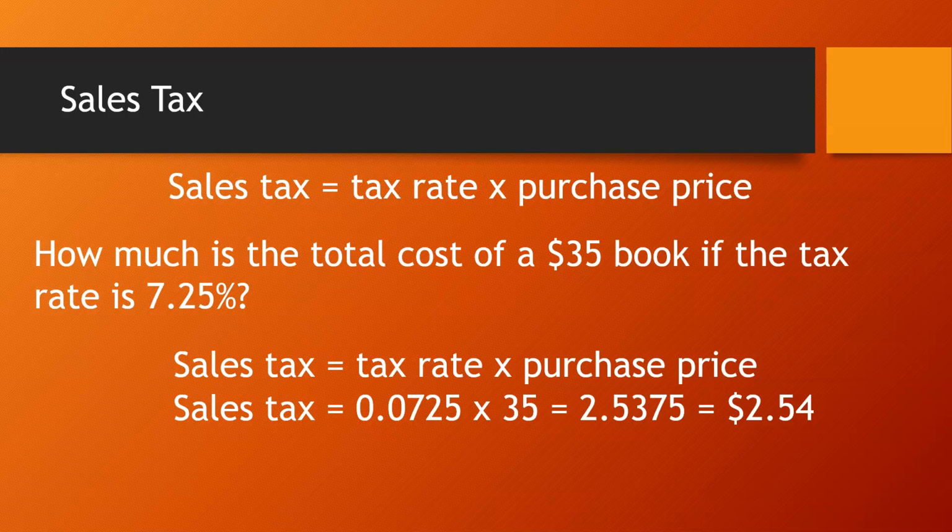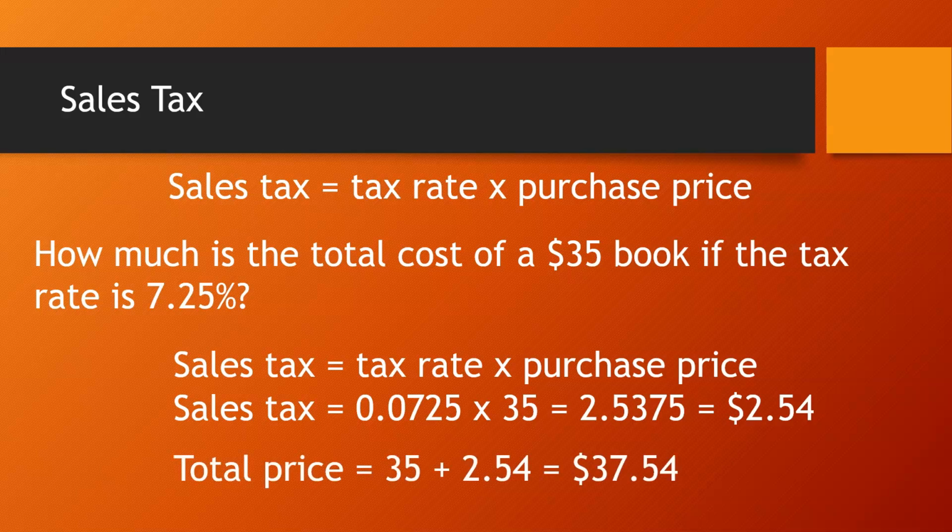That does give us a decimal number that goes beyond the hundredths place. And since this is money, we're going to round to the nearest hundredth. So we're going to call the sales tax $2.54. The total cost is the purchase price plus the sales tax. So we end up with a total cost of $37.54.